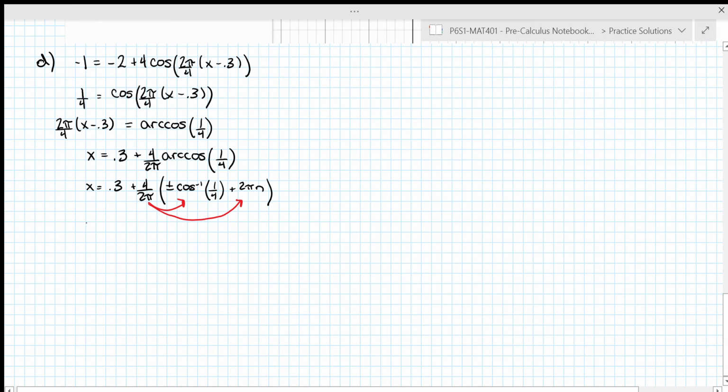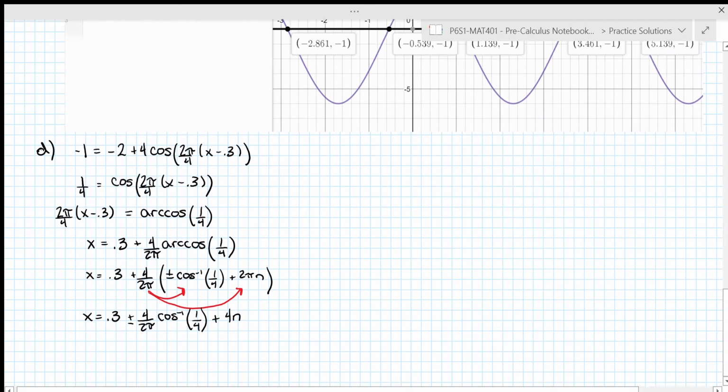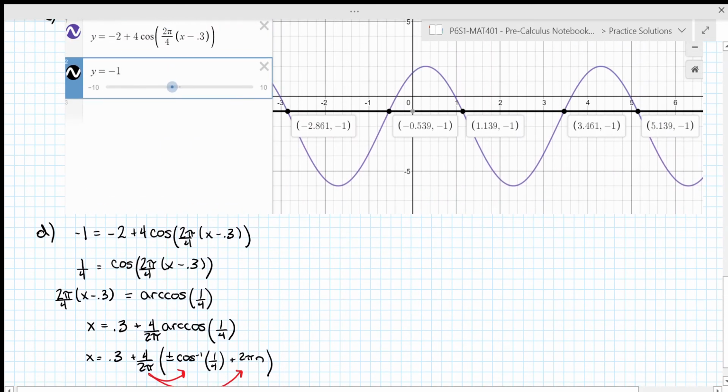So I get x equals 0.3 plus 4 over 2 pi times the inverse cosine of 1/4, but it's times the positive or negative value, so this whole term is going to be positive or negative, plus 4 over 2 pi times 2 pi n. Again, my 2 pi's will cancel, and I'll be left with 4n, because I'm not adding full rotations anymore. I'm adding my period.